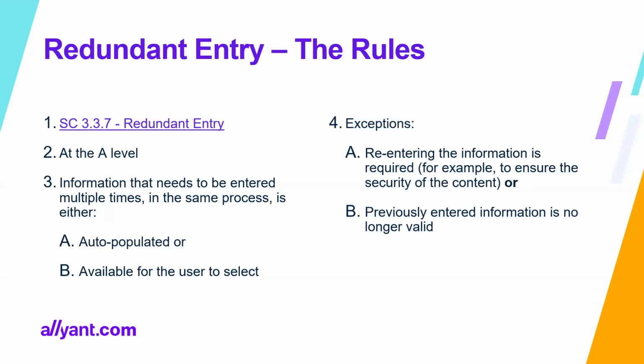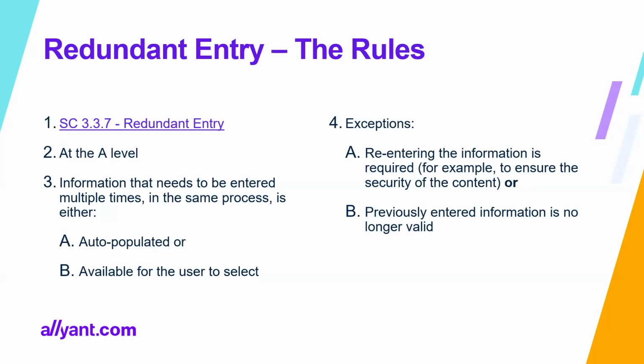Now, let's think about what this might look like in a document, right? In a document, maybe it's a banking document or a loan application or something, right? And so at the top of each page, there's a field where somebody's supposed to enter their account number, right? For the redundant entry requirement, instead of somebody having to manually enter their account number on every page, enter it on the first page, and then it automatically fills in the account number on subsequent pages, right?